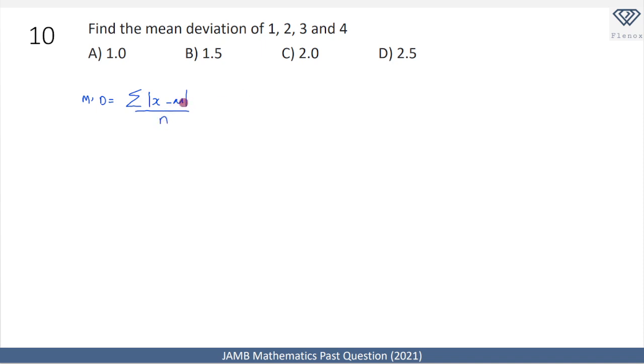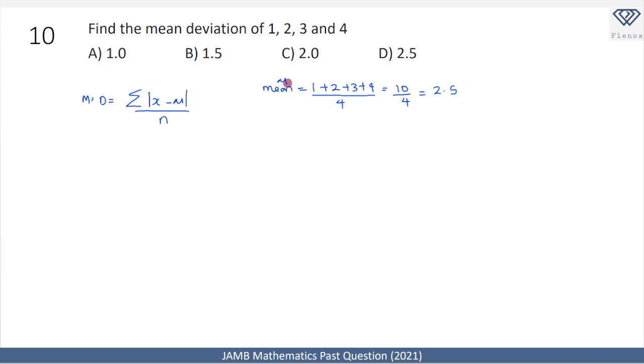But first we have to find mu, the mean. To find the mean, we sum up all our numbers and divide by the total count. So we have 1 plus 2 plus 3 plus 4 over 4. That gives 10 over 4, which is 2.5.